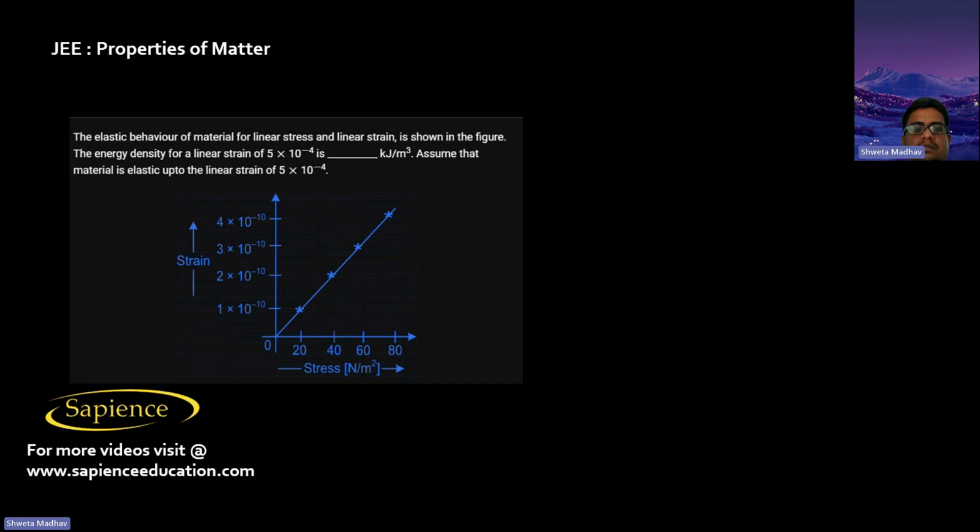And it is told the elastic behavior of a material for linear stress and linear strain is shown in the figure. The energy density for a strain of 5 into 10 power minus 4 is dash kg per meter cube.